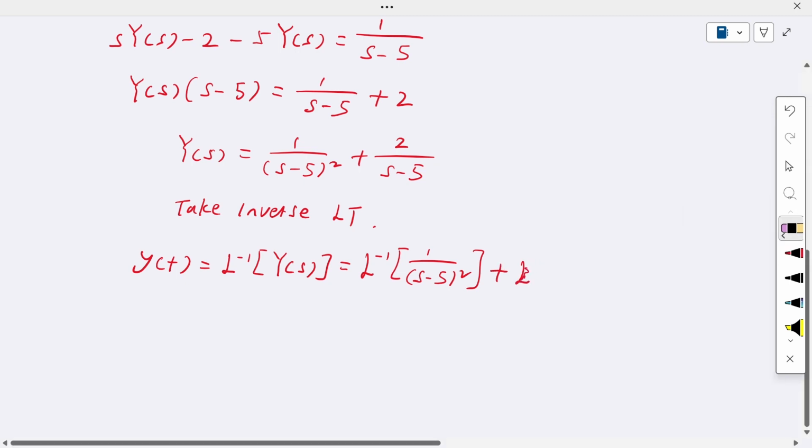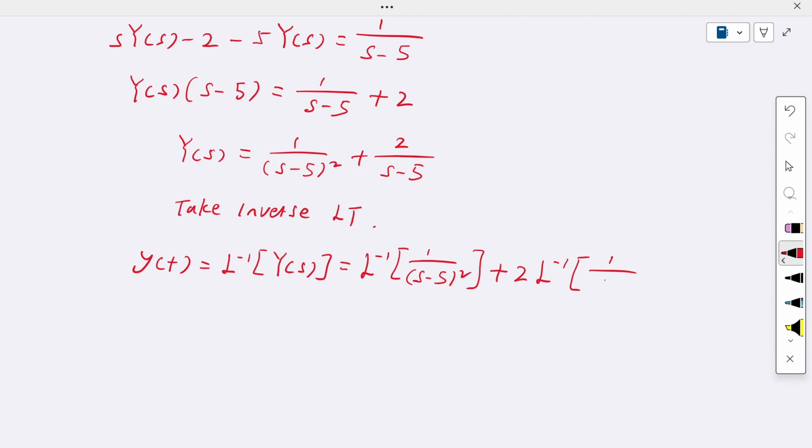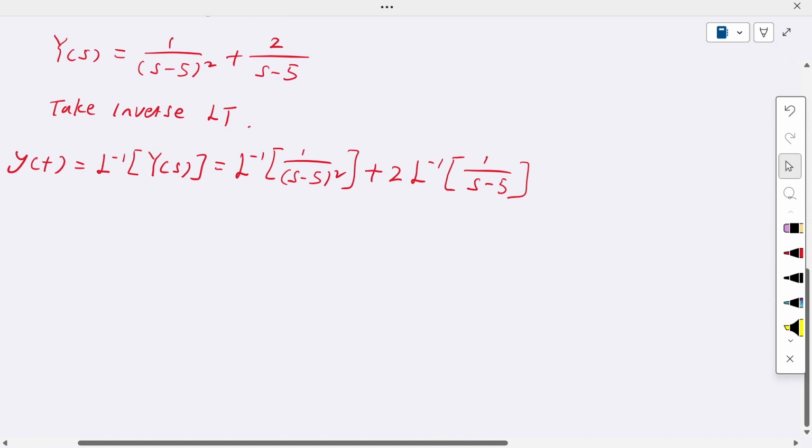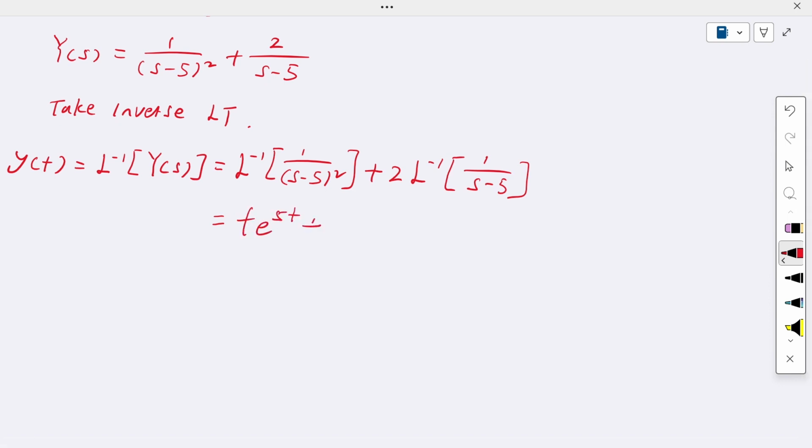We can shift out the constant 2 and take the inverse of 1 over (s minus 5). So for the first case, this is equal to t e^(5t), plus 2 e^(5t). 1 over (s minus a), you take the inverse, you get e^(at), which is e^(5t). So this is our solution.